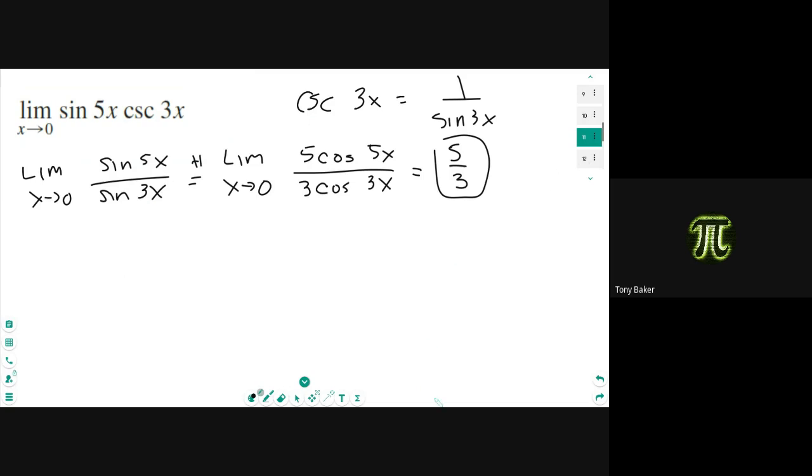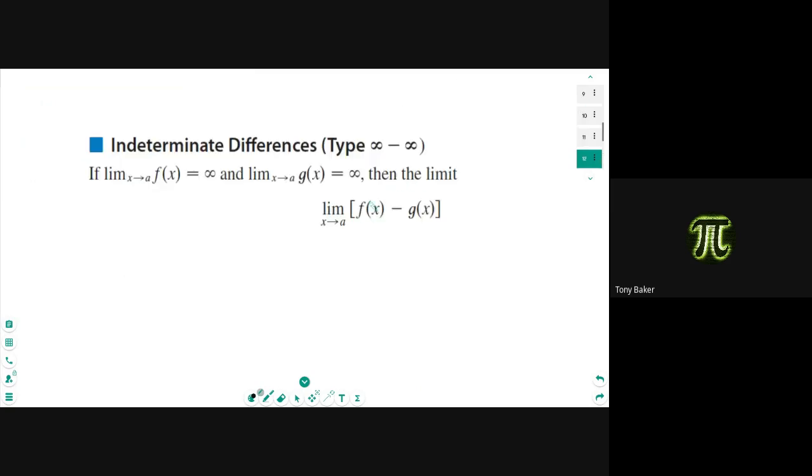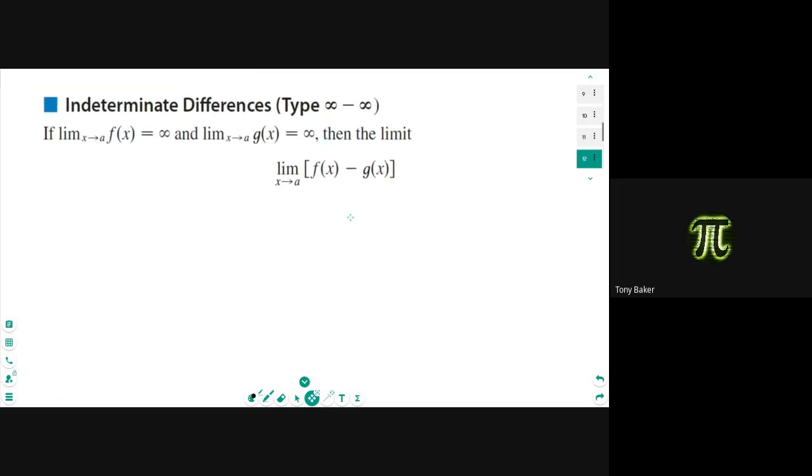All right, let's look at another one of the indeterminate forms. Subtraction. So subtraction is one of the weird ones because a lot of times people think, oh, it's infinity minus infinity goes to 0, which would make sense. However, just like we had 0 over infinity, it's a matter of which one gets there first.